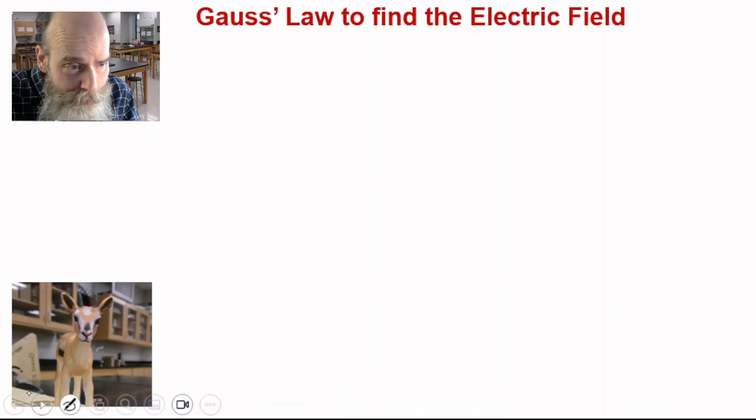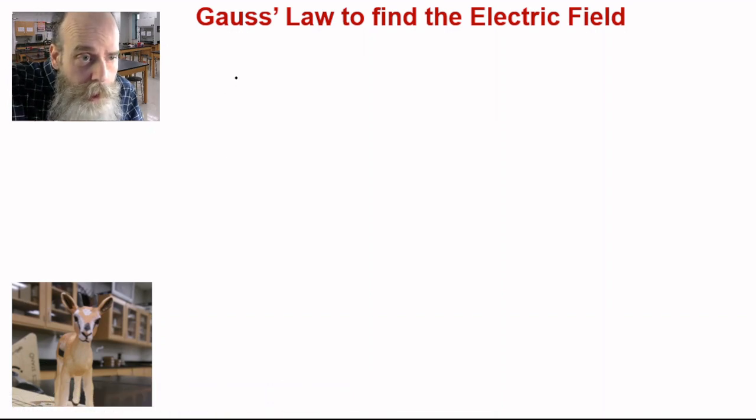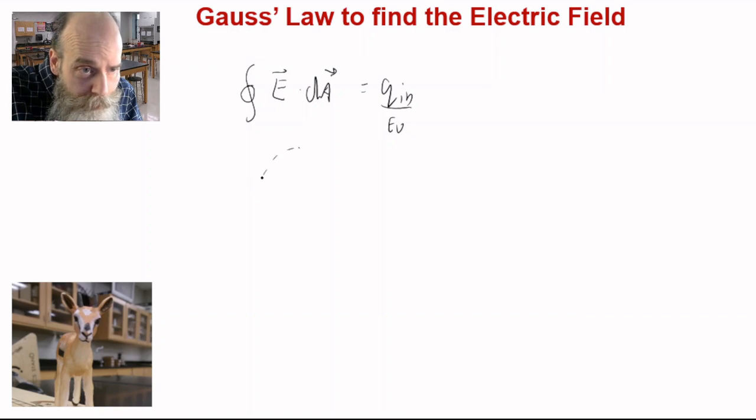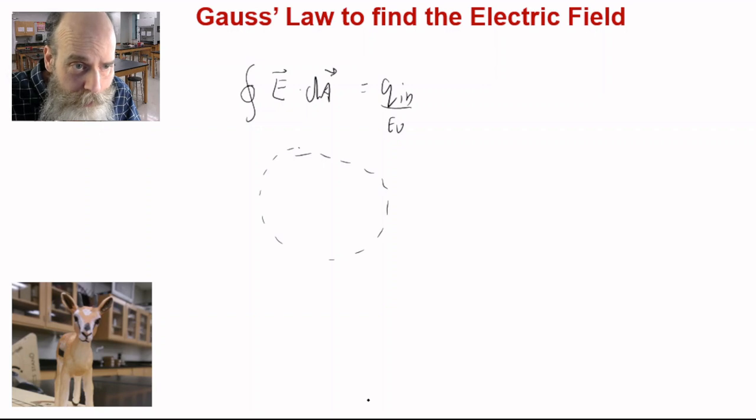First of all, let's just write down what Gauss's Law is. So this is Gauss's Law: the integral of E dot dA equals Q inside over epsilon 0. So what we do here is we have some surface, called the Gaussian surface, and we find the electric field.